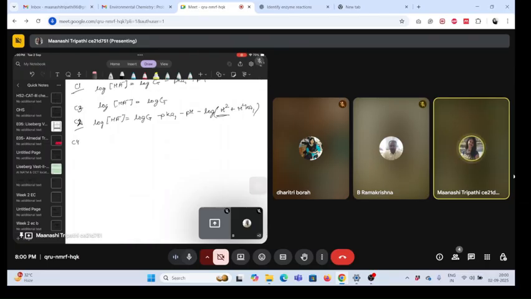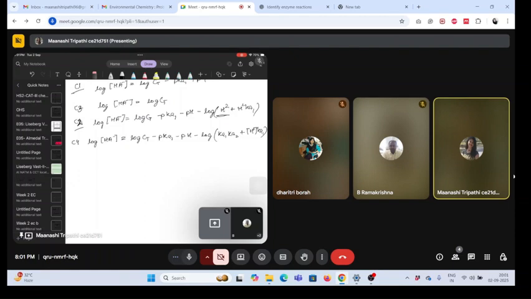The case 4 will be log HA is equal to log CT minus pKa1 minus pH minus log Ka1 Ka2 plus H plus Ka1.